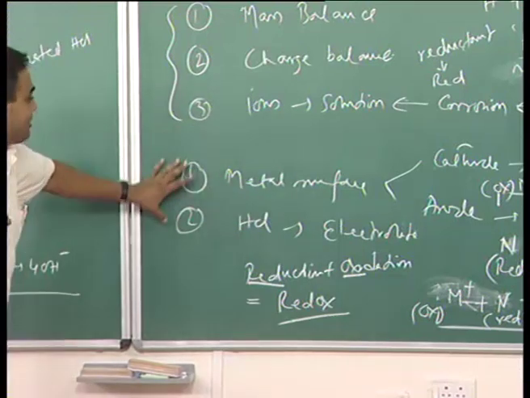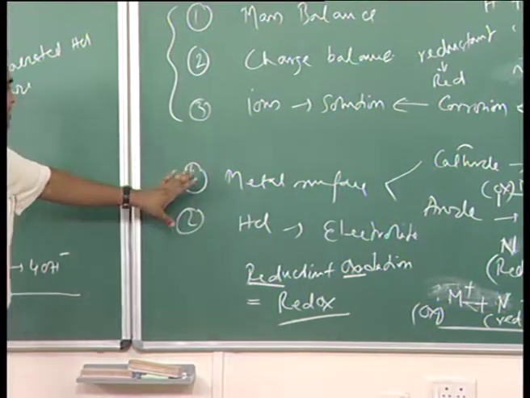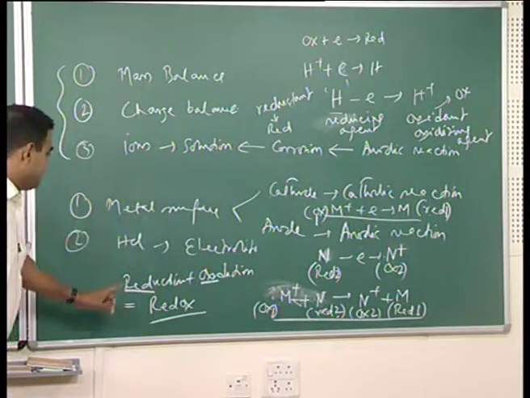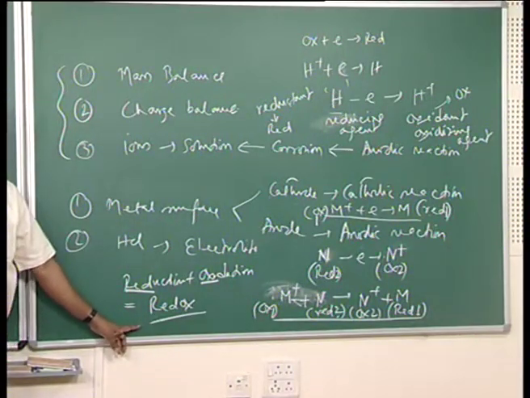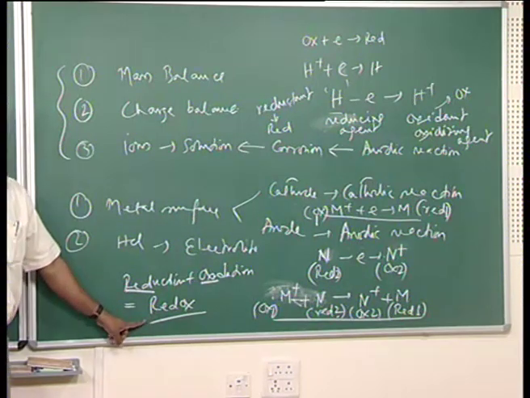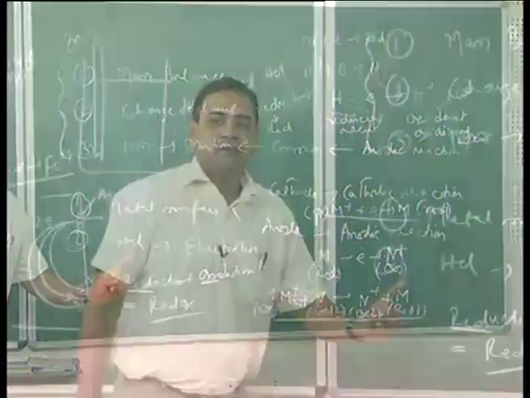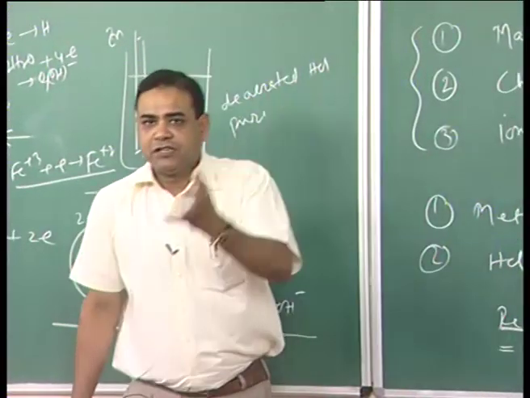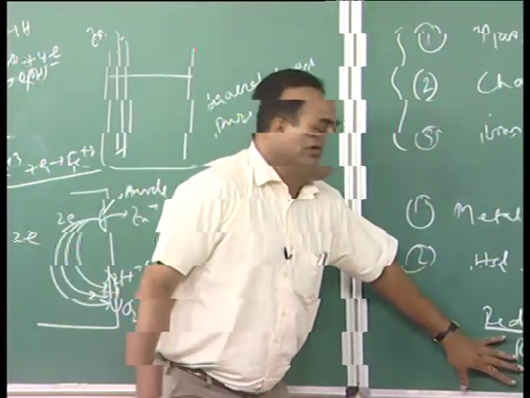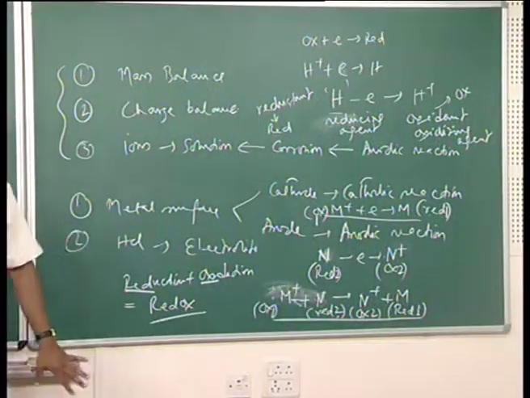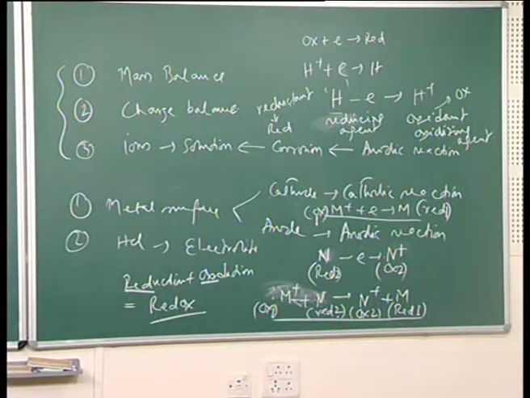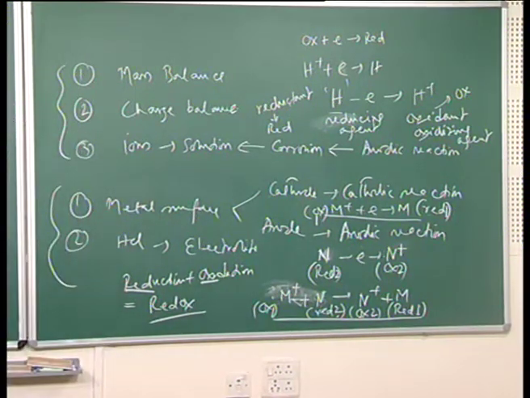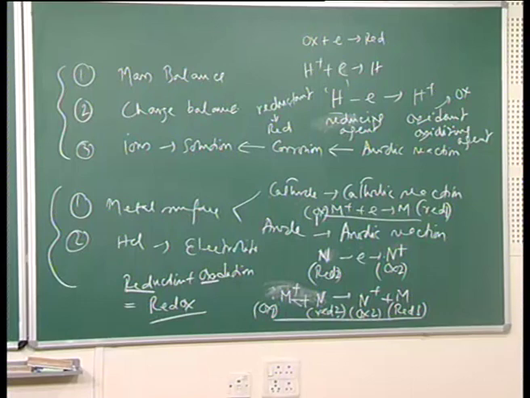So in case of electrochemical reaction, you have metal surface, anode, cathode, you have electrolyte, and at the same time you have redox reaction. This is a very, very crucial thing. You must have a reduction reaction coupled with an oxidation reaction, and combined you have to have a redox reaction. So these are the important components of electrochemical reactions.